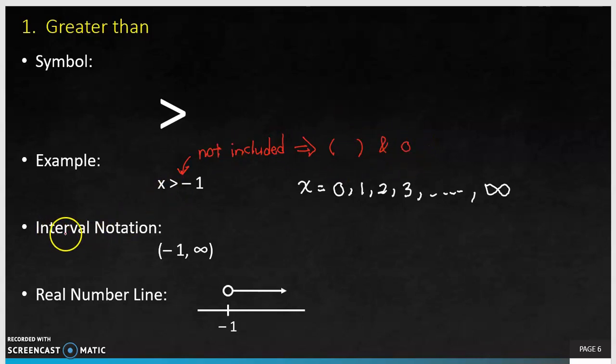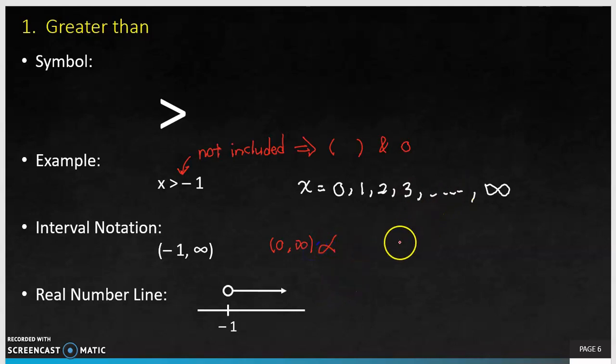In interval notation, this starts from -1 until positive infinity. Positive infinity cannot be included because this is infinity. Some of us may ask, why don't we start from 0 until infinity? But this is wrong. Why?